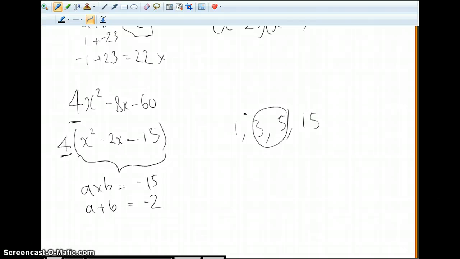And I want a negative 15, so one of them has to be negative, not both of them, just one of them. And we want a difference of negative 2, so we need to put the negative next to the biggest number. So negative 5, positive 3.